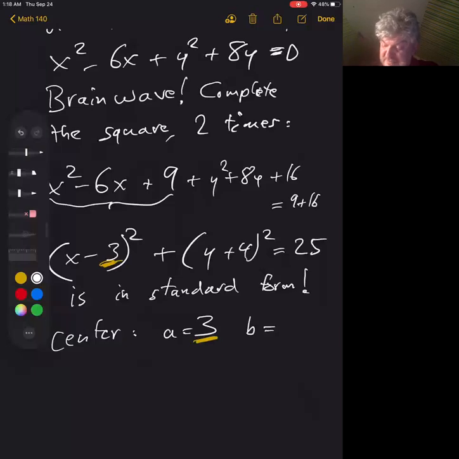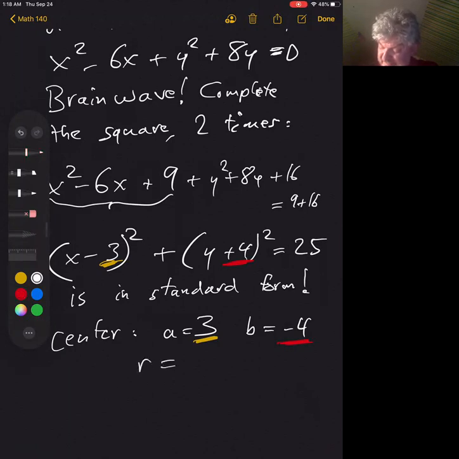And the b, which comes from that 4, but we want to see y minus b. So minus b has to be 4, and therefore b is negative 4. And the last thing, r squared is 25.